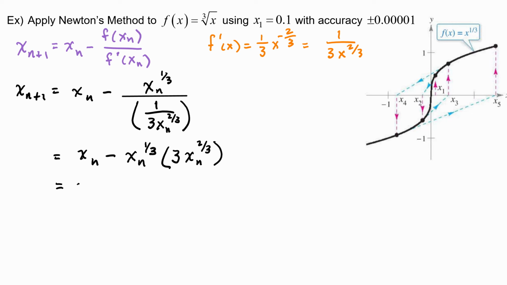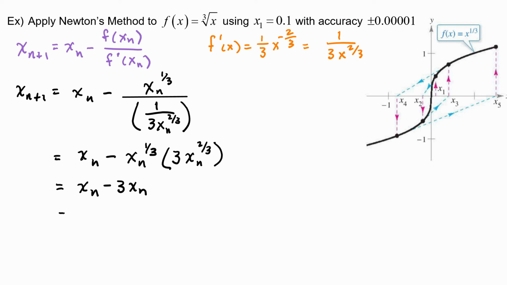So now we have xn minus 3xn, because xn to the 1/3 times xn to the 2/3 means you add those two exponents. 1/3 plus 2/3 is equal to 3/3, which is 1. So now we subtract. xn minus 3xn is negative 2xn, and this is our simplified formula for xn plus 1. Pretty easy one.